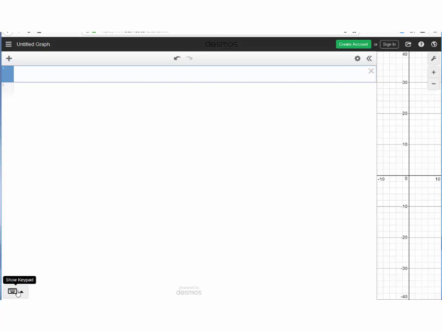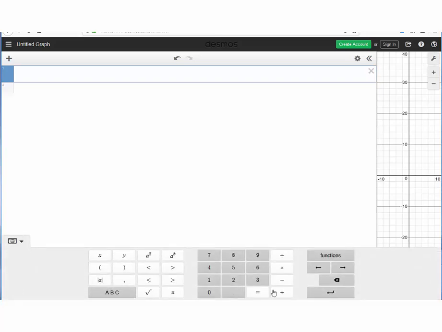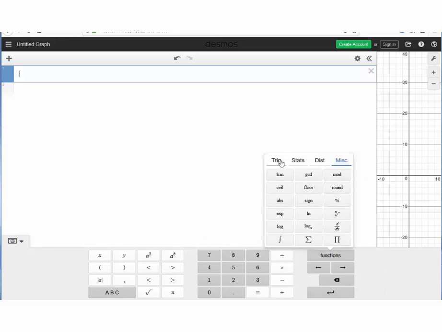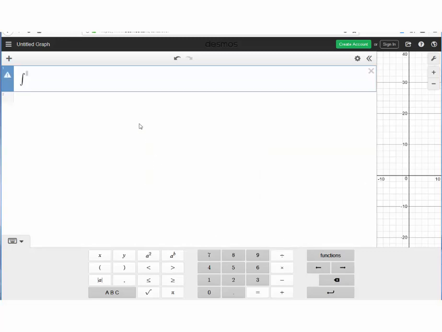If we go for show keyboard, go to functions, and if that doesn't show up, just click on miscellaneous, so the integral sign will show up, and here you may say, okay, we want to take, say, the integral from 0 to 10 of the function that we were looking at.